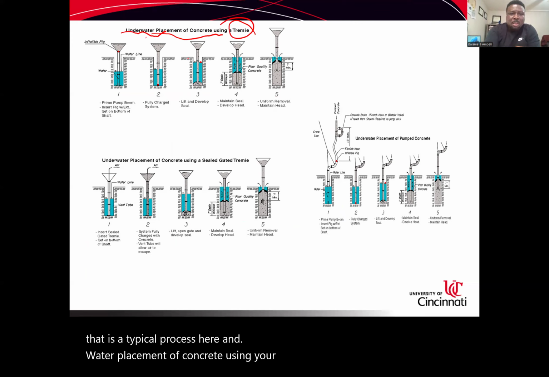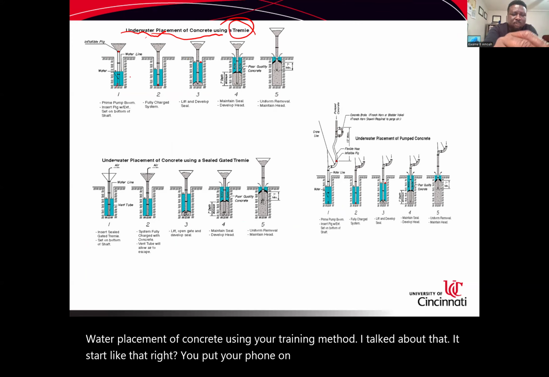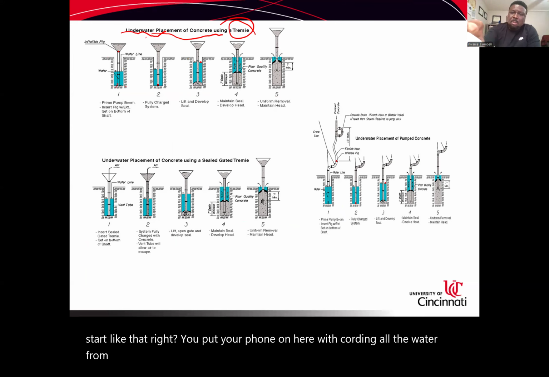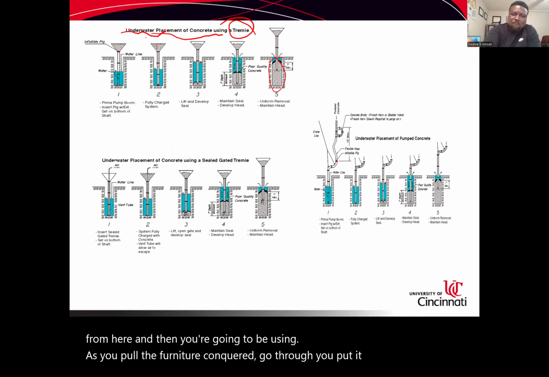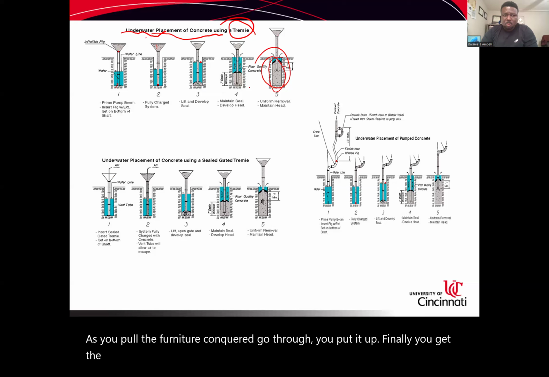I talked about that. It starts like that, right? You put your funnel here, and we cut out all the water from here. And then as you pull the funnel, the concrete goes through, and you put it up. Finally, you get the concrete filled uniformly, and then removal of the head until that is secured.